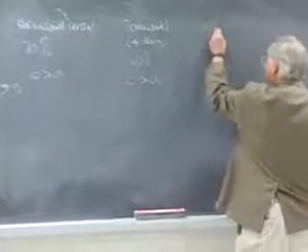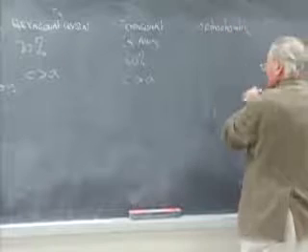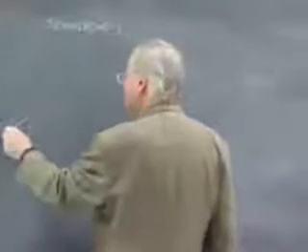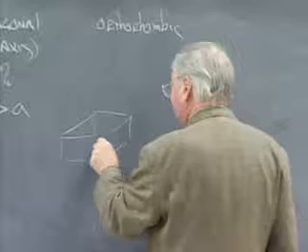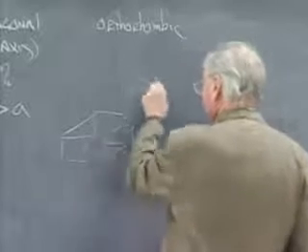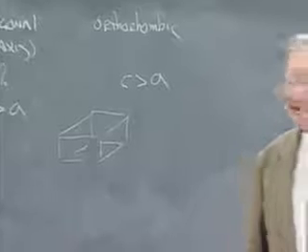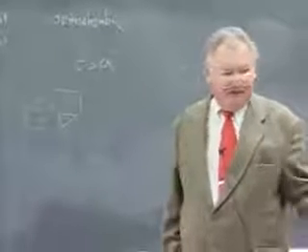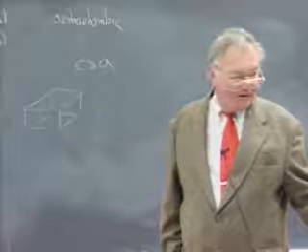So let's go down to orthorhombic crystals. Orthorhombic crystals are the ones that have a brick-shaped unit cell. How many have C greater than A? It's declining. So if you extrapolate 50-50, who said that?